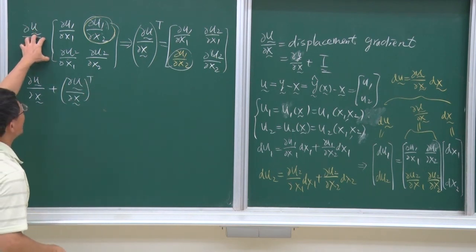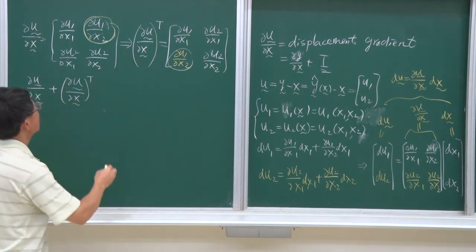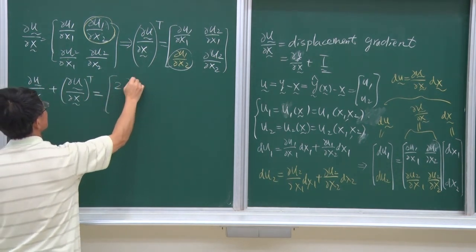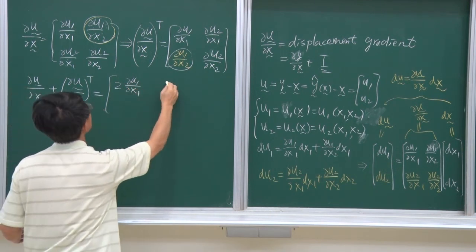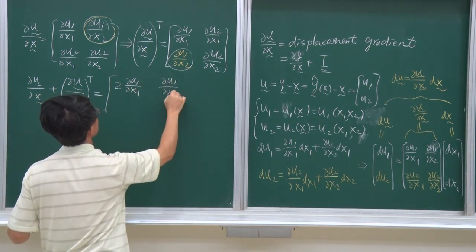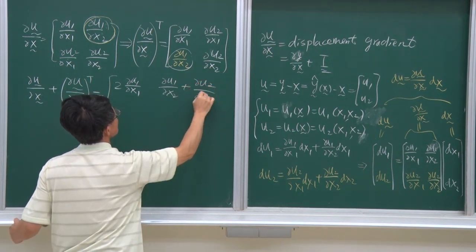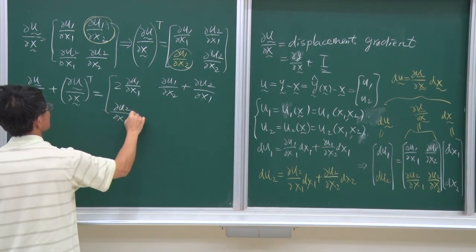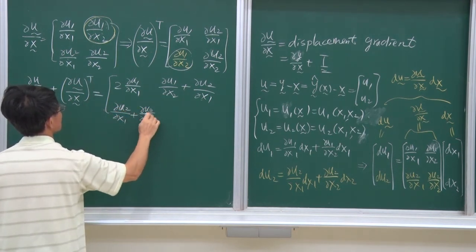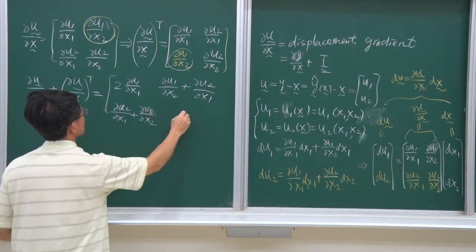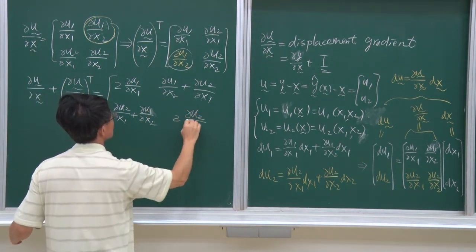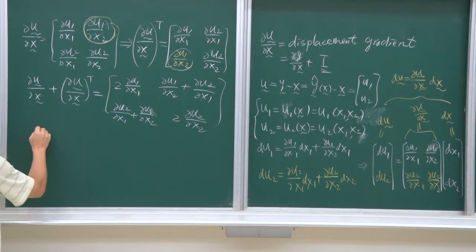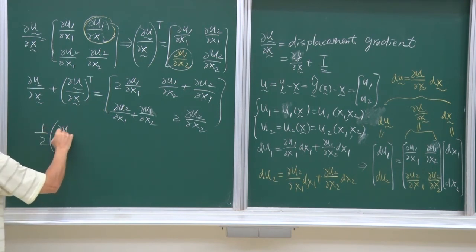We sum this term with this term, and then we will have 2, as a result, we have 1/2 partial u partial x.